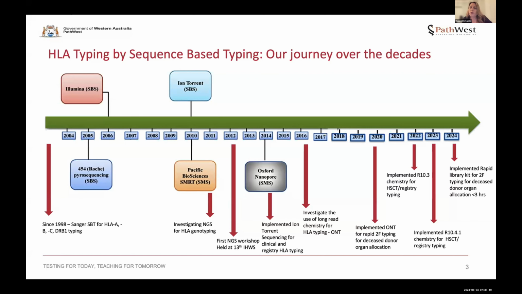And in 2023, we implemented R10.4.1 for all our HLA typing requests. And recently this year, we further improved our rapid typing method for our deceased donor organ program to just under 3 hours. So we've been on the Oxford Nanopore sort of journey for the last 8 years.